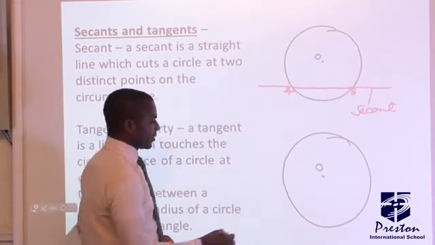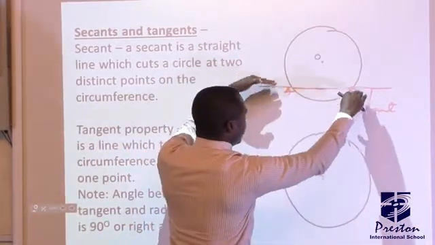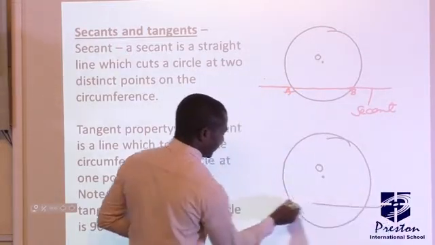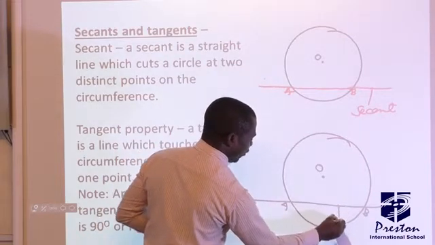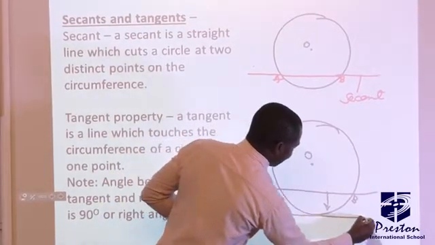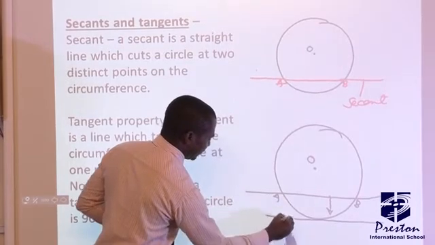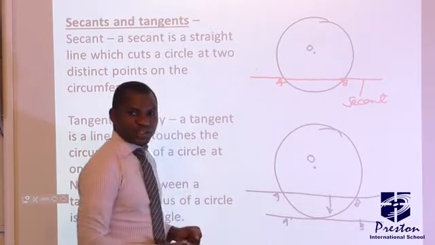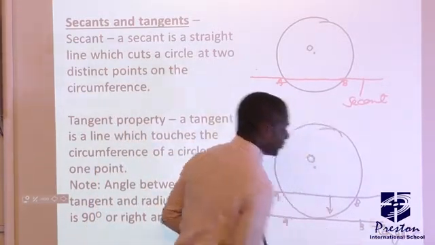When you move this secant downward a bit, touching the circle, now this is A and B. When you move this downwards towards the circle, at the point where it is touching the circle, this line AB touching the circle is what we call the tangent to the circle.